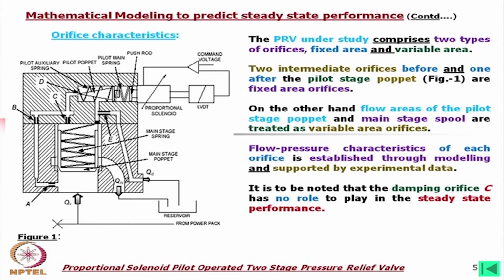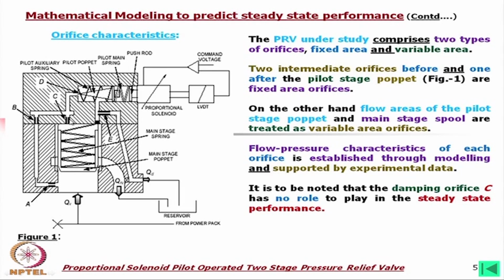Now, this orifice is called the damping orifice. Orifice C has no role to play in steady state performance. Only when there are transient, dynamic conditions, the oil flows through this orifice in a reversible flow, and that helps in damping the motion of this main poppet.